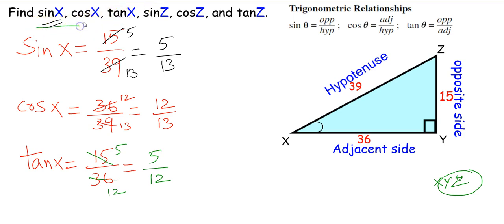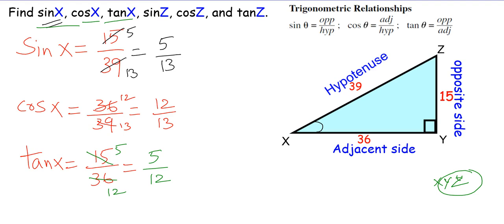We have sine x, cosine x and tangent x. Now you want to find sine z. In order to find sine z, do I have to change the hypotenuse? No, the hypotenuse continues to be the same, because angle y is still 90 degrees.